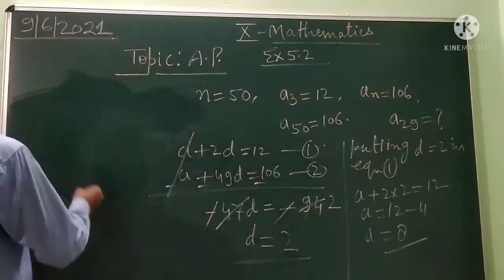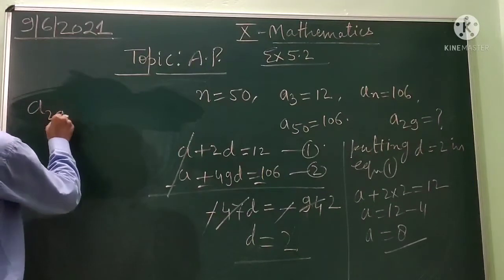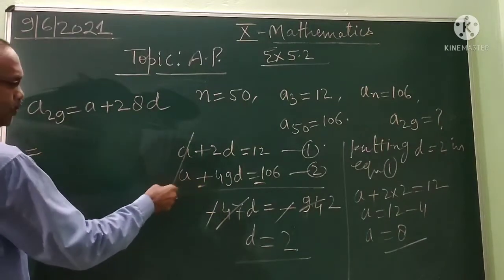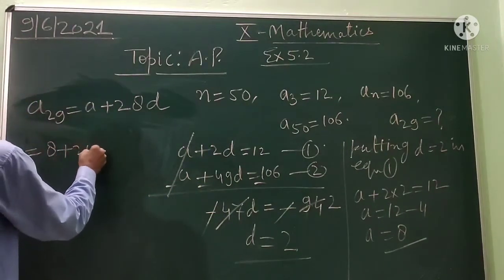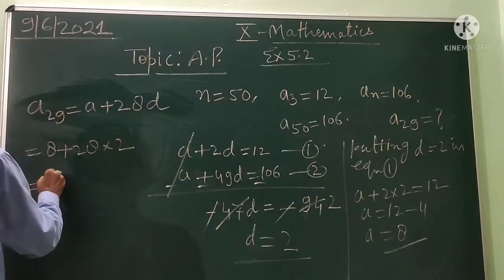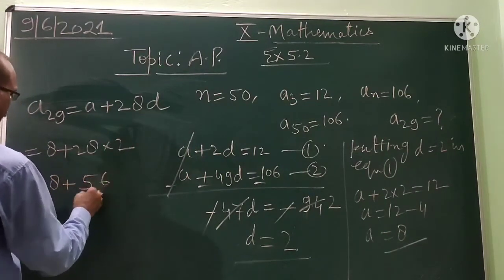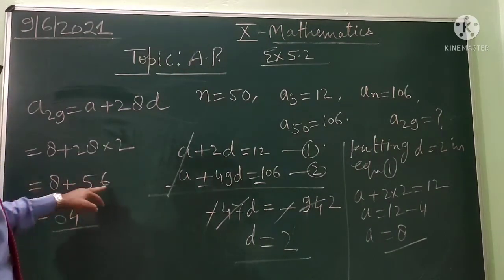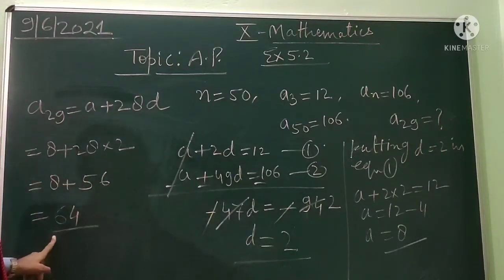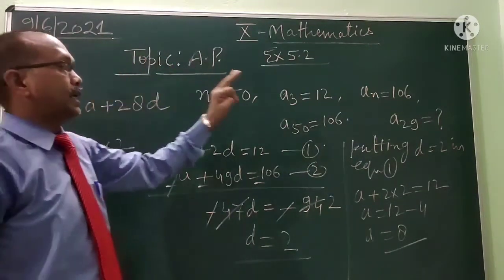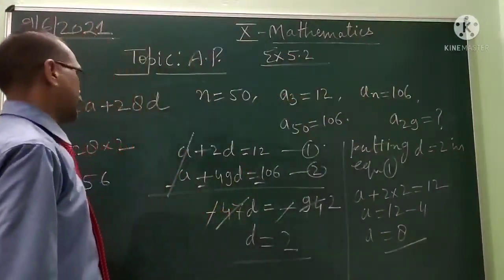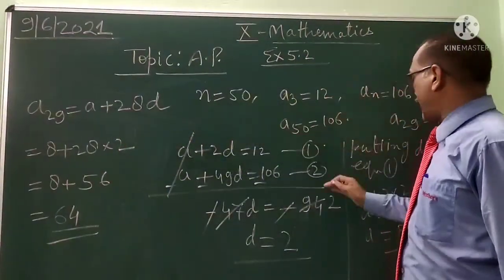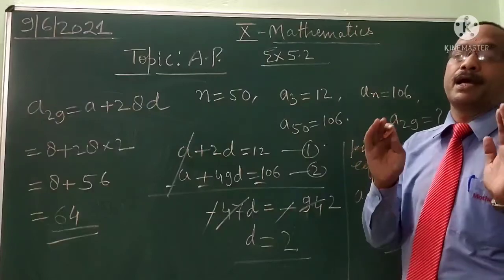So a29 equals a plus 28d, which is 8 plus 28 into 2. 28 times 2 is 56. Then 8 plus 56 is 64. So the 29th term of this sequence is 64. This way we can find any given term if we know the first term and the common difference.